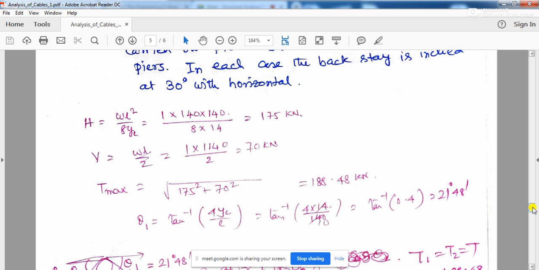Doing that, you can very easily get the value of the horizontal reaction component, and if you take the square root, you are going to get the maximum tensile force in the cable.